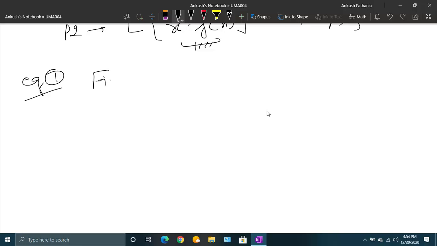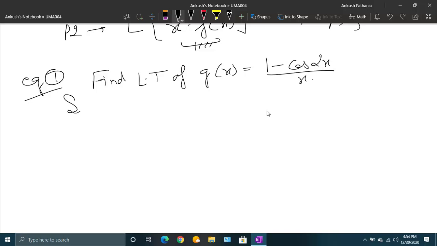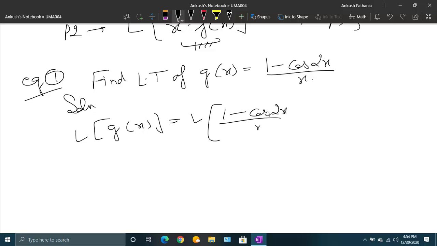Find the Laplace transform of gx equals 1 minus cos 2x upon x. So I need to find the Laplace of gx. Here gx is 1 minus cos 2x upon x. Clearly you can see this is of the form fx upon x.